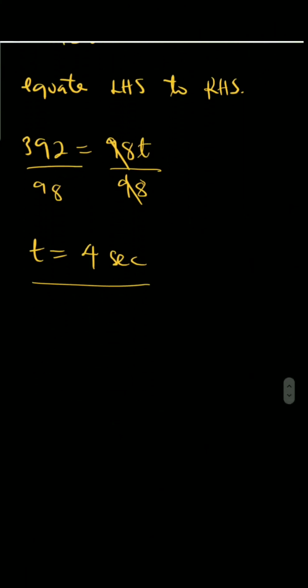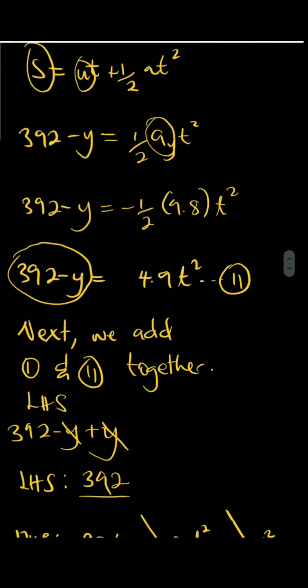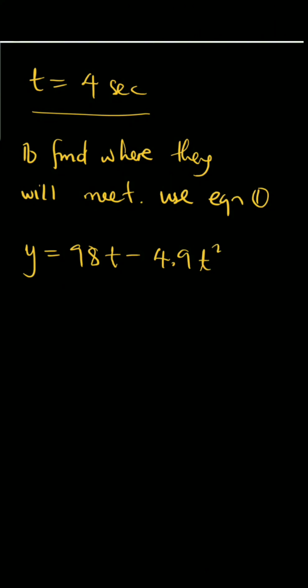Now let us find where they meet, and that is just solving for y, in the first equation that we generated. Since that's where the two particles are meeting, y equals 98t minus 4.9t squared.